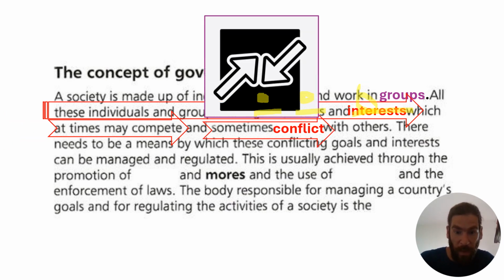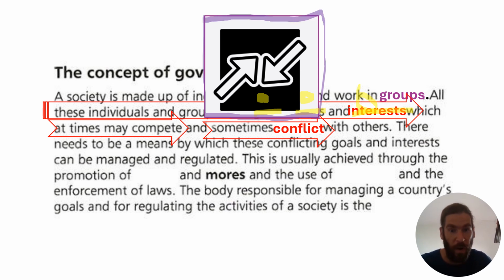There needs to be a means by which these conflicting goals and interests can be managed and regulated. So these conflicting goals, like health and economy, or tourism and good infrastructure, at first sight, they may be conflicting. They do not go well together.